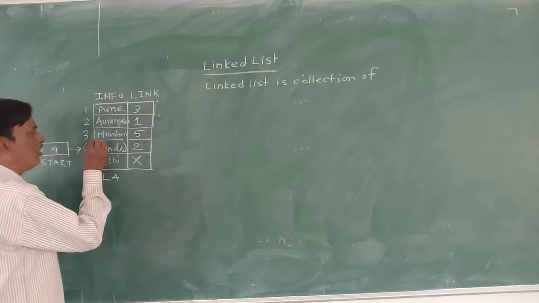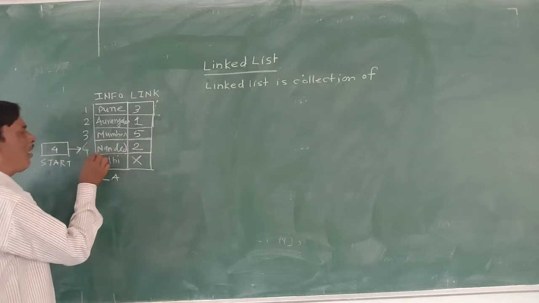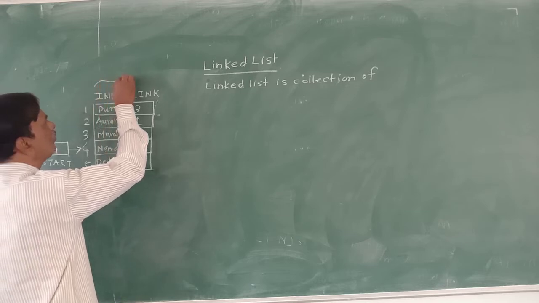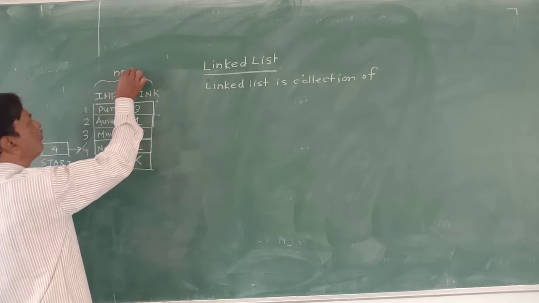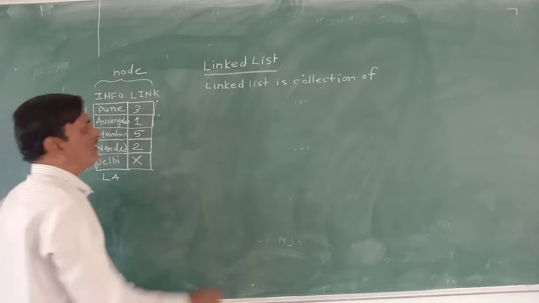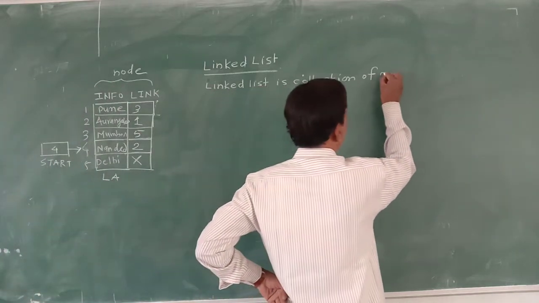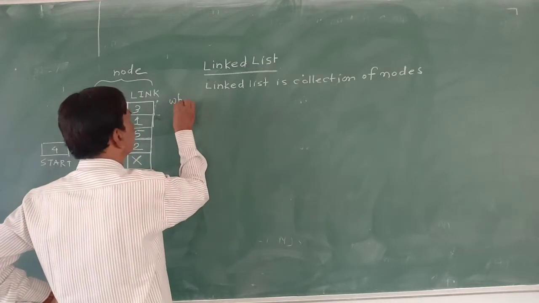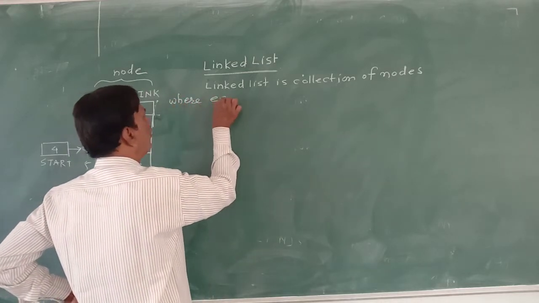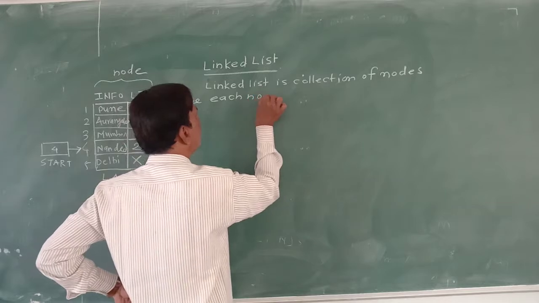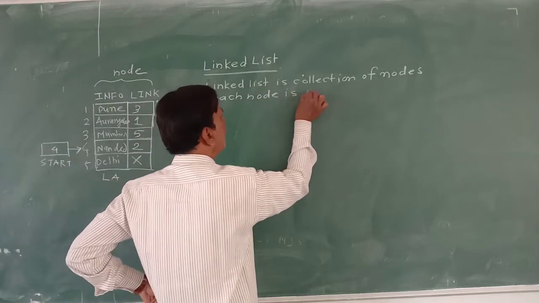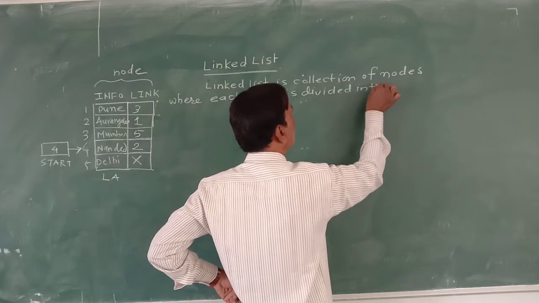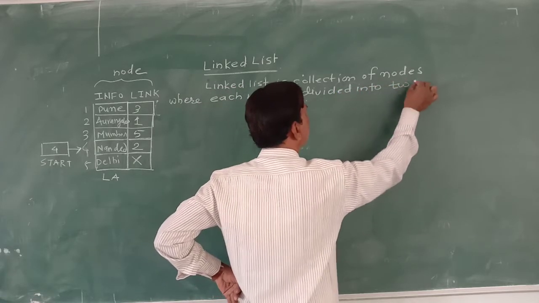And this combination of information part as well as link part is called a node. Thus, a linked list is a collection of nodes where each node is divided into two parts.